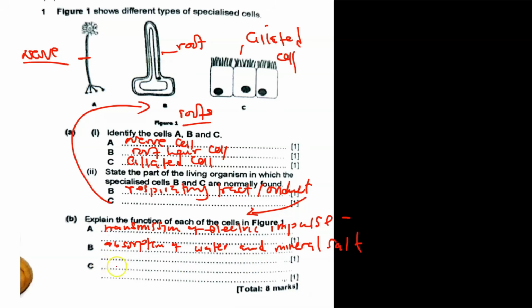Then what about C? C, we said it has two functions. We can look at what function it performs in the oviduct and of course in the respiratory tract, of which I explained that already.